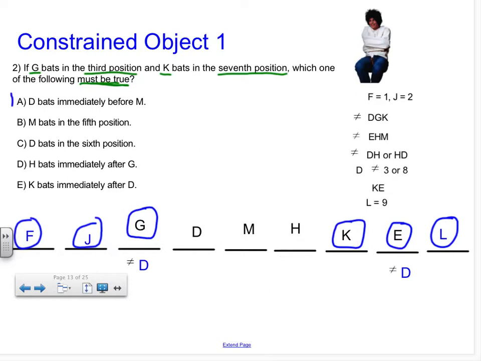D bats immediately before M. Well, the first question asks is, does that have to bat before M? What if we were to swap places with the H? I see that it doesn't have to. And one other thing you notice, if H were to swap places with M, we would break condition 4.